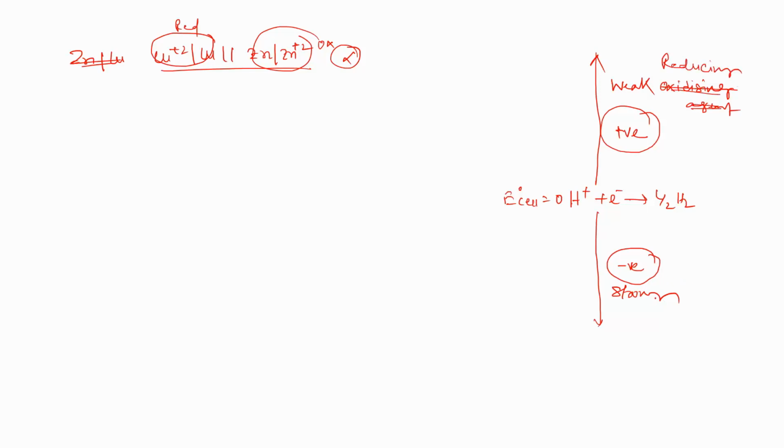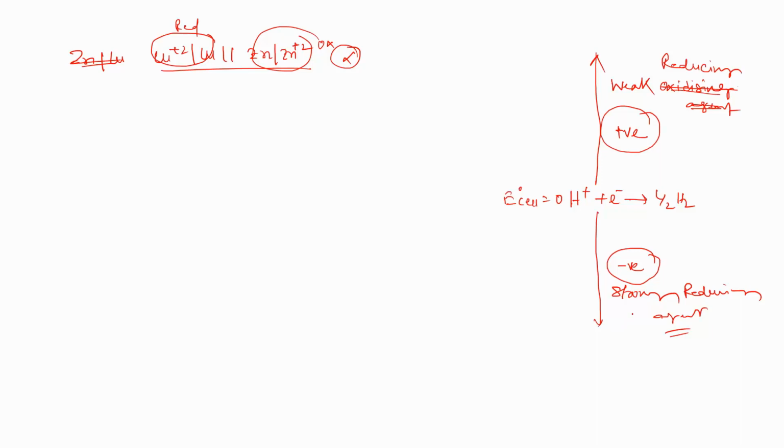And when the reduction potential value is highly negative, it is a strong reducing agent. That means it can reduce other species easily, and it will itself be oxidized.